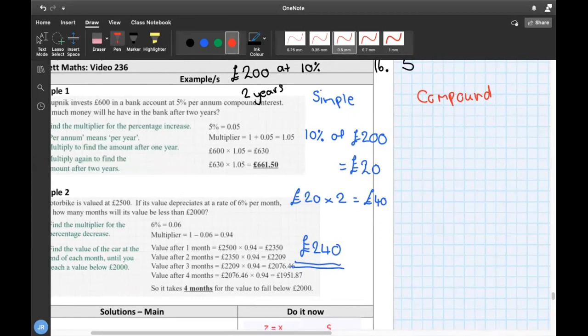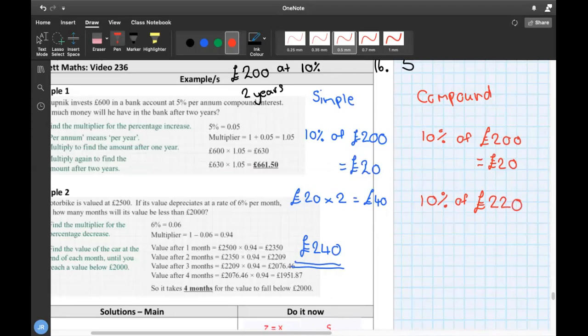Let's have a think about year 1. So year 1 would be very, very similar. We'd still find 10% of 200, which equals £20. But then for our second year, we need to find 10% of this new amount, £220. We'd add the interest to the original, okay?